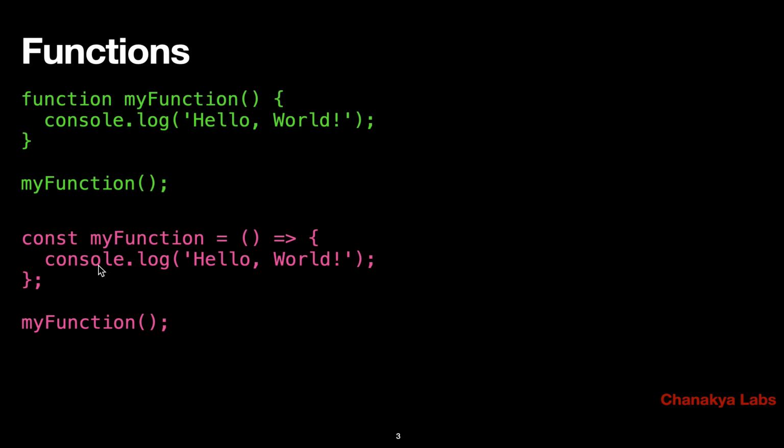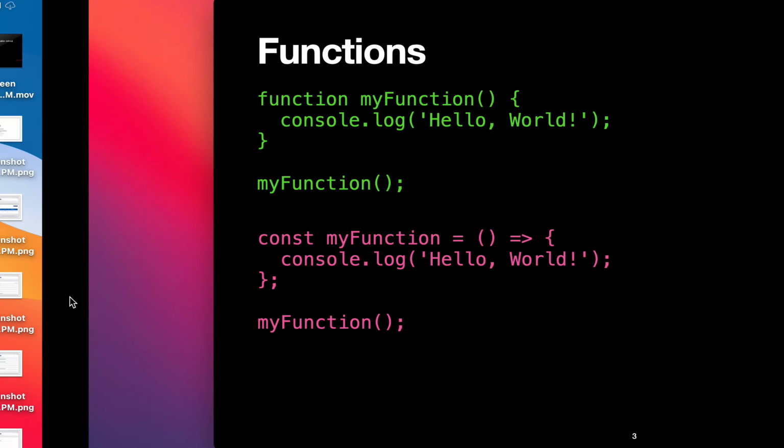But this is actually a statement which is assigning this function to this variable. Since this is a statement, it is good practice to put a semicolon. Here it does not make sense to add a semicolon, because this is not a statement, this is a function declaration. But here the function body has been assigned to this variable, so this is a statement, and that's why we are writing the semicolon.